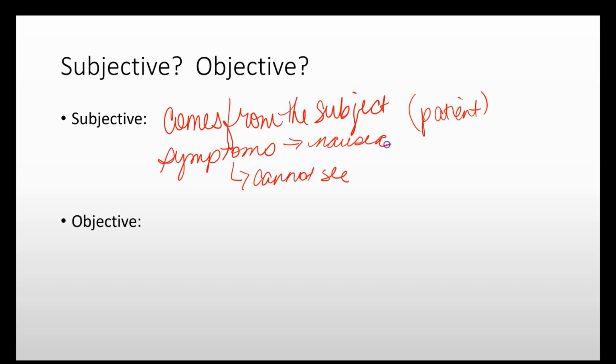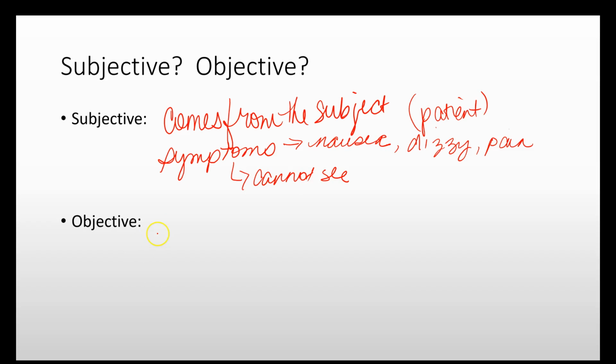We might be able to see our patient looking a little green around the gills when they kind of look like they're about to vomit on you. But another example is dizziness. Pain is subjective, right? We can't really see a lot of outward signs of it.